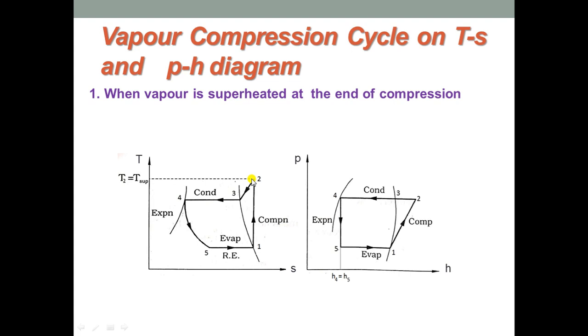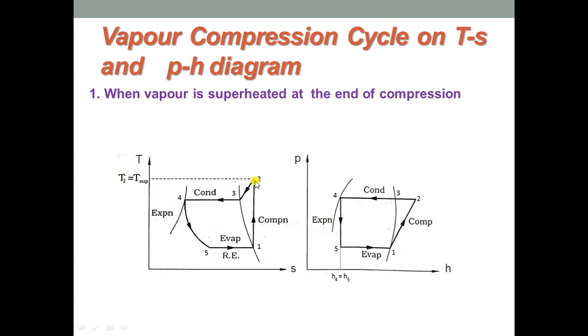To begin with, let us assume that the liquid refrigerant in the evaporator absorbs the heat from the given space, and undergoes a change of phase from liquid to dry vapor. The refrigerant dry vapor at condition 1 enters the compressor and is compressed to condition 2, and the state is superheated state.